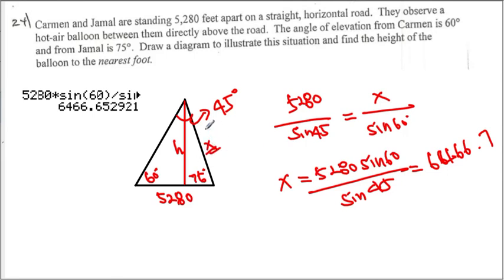Then since we know that value, using sine or cosine, we should be able to figure out the value of h here. Since this is a 90-degree angle and this is 75, we should know the measure of the angle here is 15.